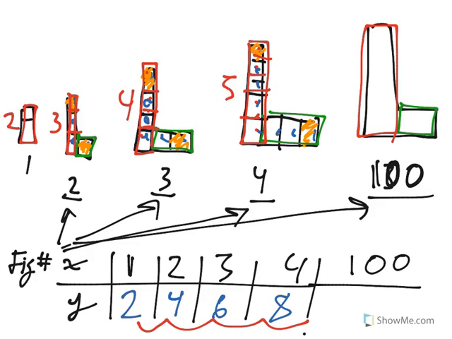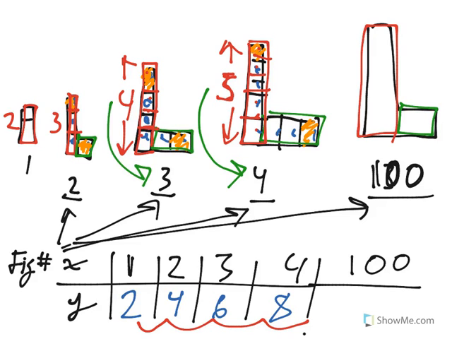So based on that pattern, we see that the height of these towers is actually one more than the actual figure number. Figure number 4 has 5 in the tower part, in the tall part. So we see that figure 100 will have 101 tiles in the vertical part of the tower.